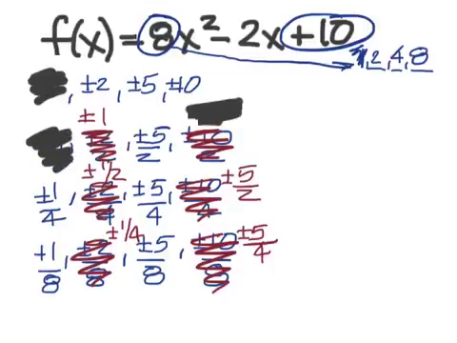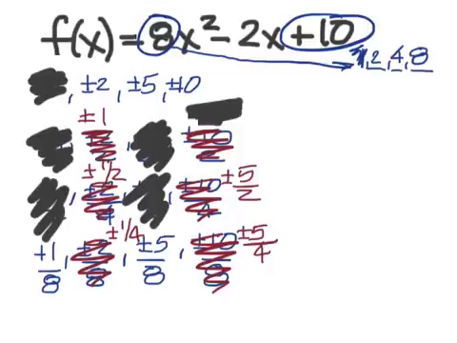Is there more than 1 5 over 2? Yeah, that's gone. What about 1/4? Yeah. And what about 5 over 4? What about 5 over 2? No. What about 1 over 8? 1/4? And 5 over 4. So that's it. There's all of your factors.